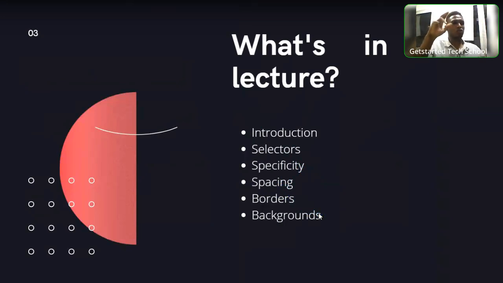Layout was supposed to be the lecture for Friday, but our time is fast spent, so I'm going to talk about specificity, spacing, borders, backgrounds, and then if our time permits, we are going to talk about flexbox. If we don't talk about flexbox on Friday, we are going to create another class next week, so that we complete everything that we need to complete.